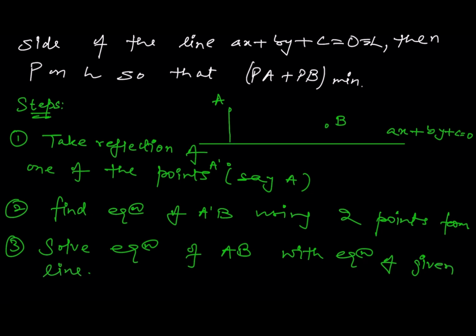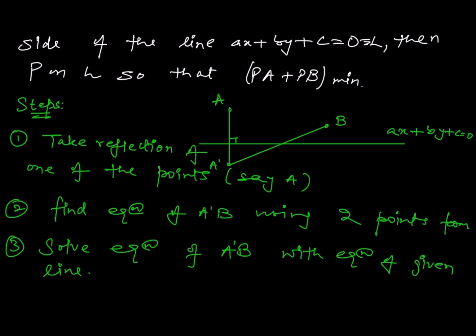I found this A dash, right? Reflection is nothing but image of point. And if you have A dash, then you can always find equation of A dash B, right?